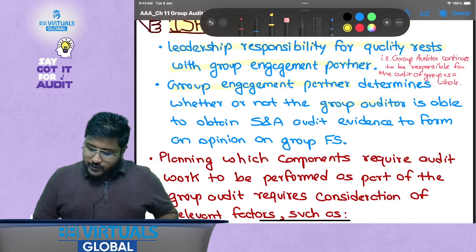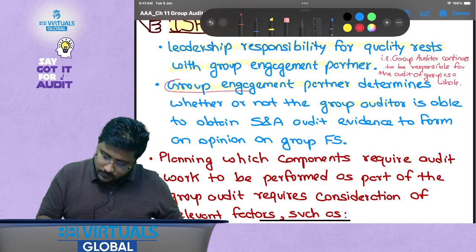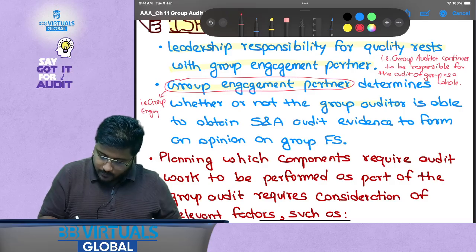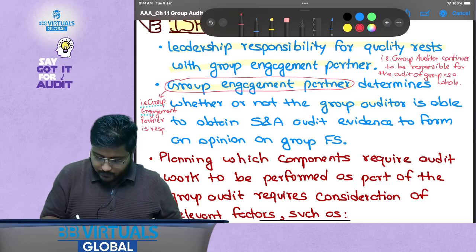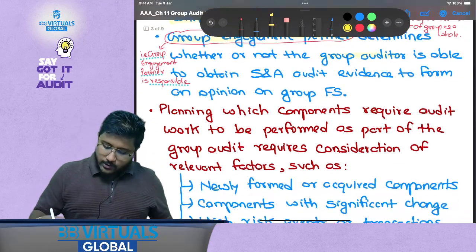That is, the group engagement partner is responsible, just like in any other audit where the engagement partner is responsible. Correct. Now, planning.